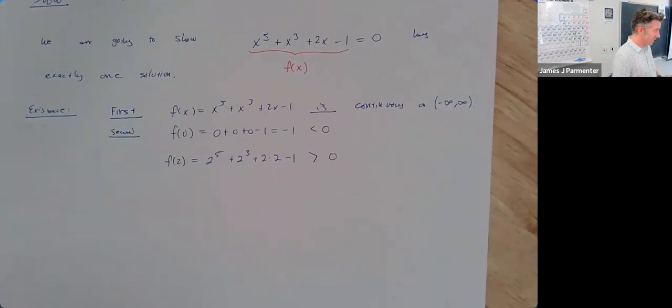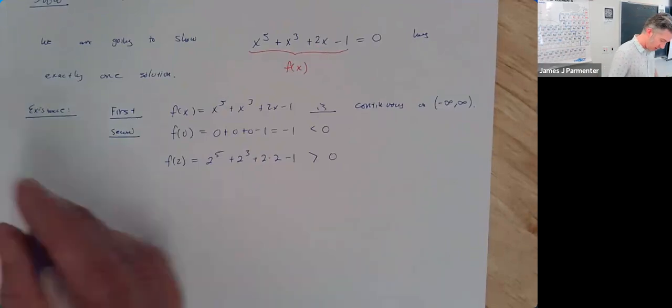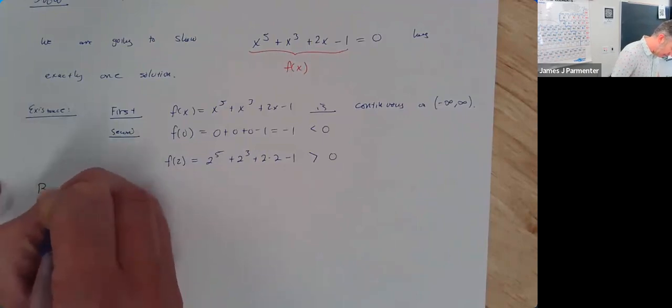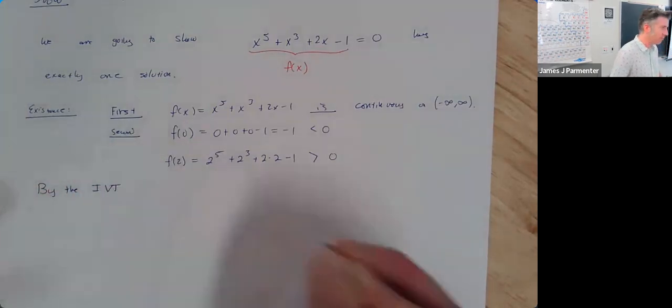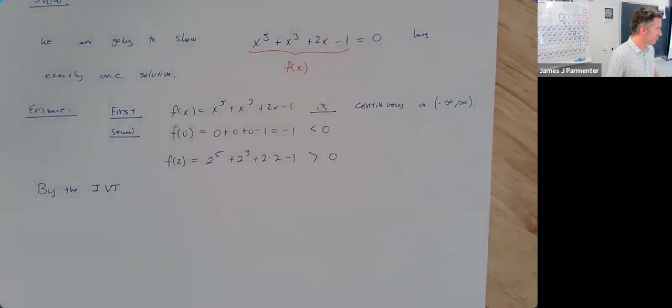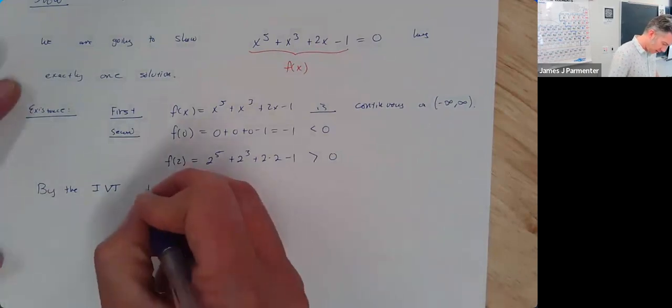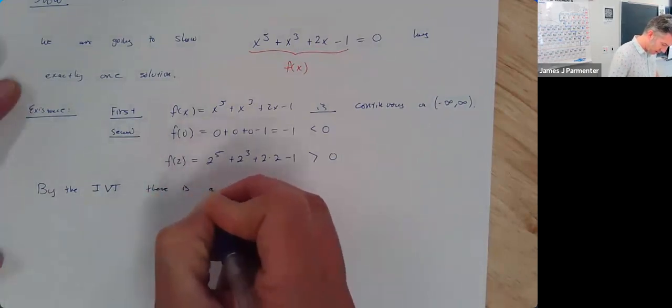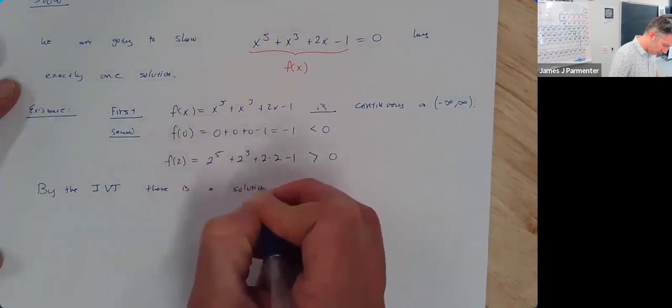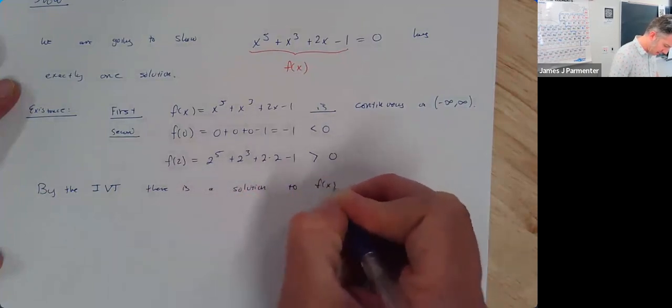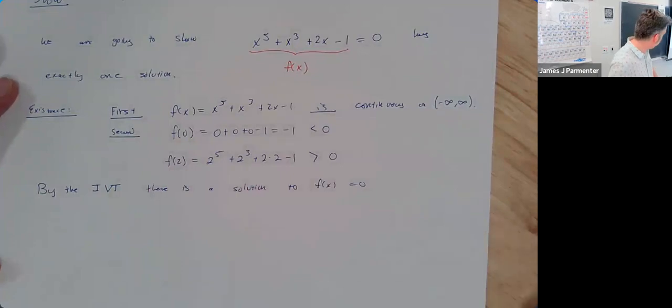I feel like these next words have to appear somewhere on this part. By the intermediate value theorem, there is a solution or root to f of x equal to 0. And if you want to be fancy about it, you could even say where it lives.